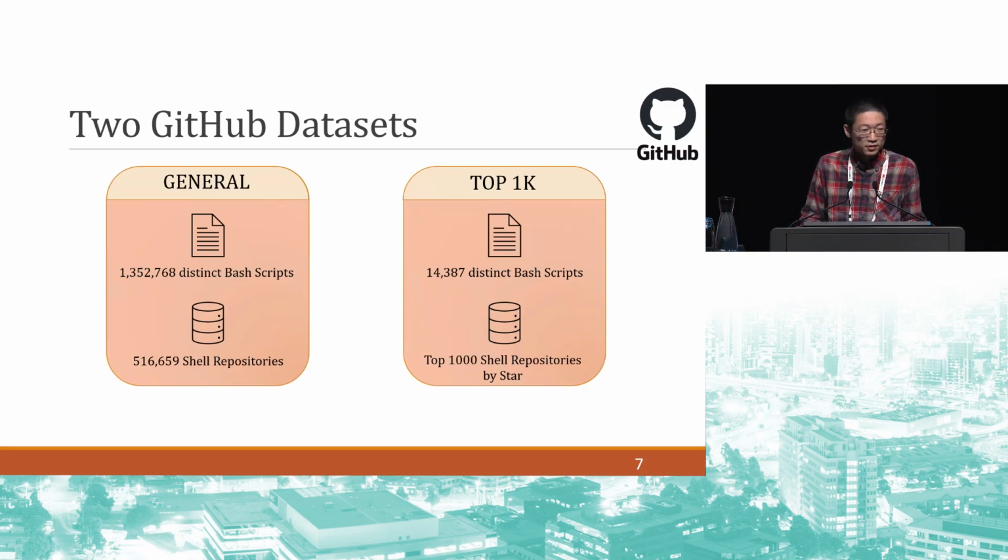So to examine Bash usage in the real world, we collected 2 data sets using code search on GitHub and gotten a general data set with over 1.3 million distinct Bash scripts from 516,000 repositories. And also we collected a top 1K data set from the top 1,000 shell repositories to examine popular Bash scripts.